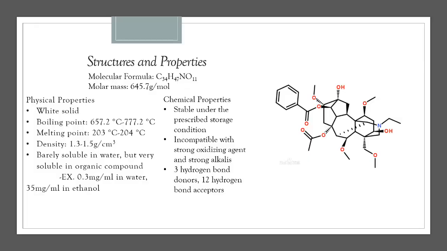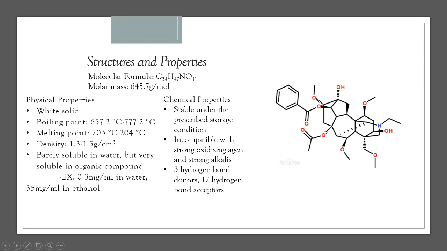So the structures and properties of aconitine. The molecular formula is C34H47NO11. The molar mass of this chemical is 645.7 grams per mole.